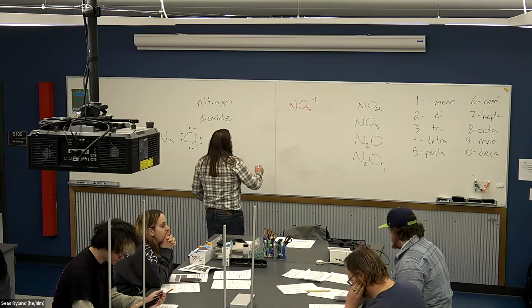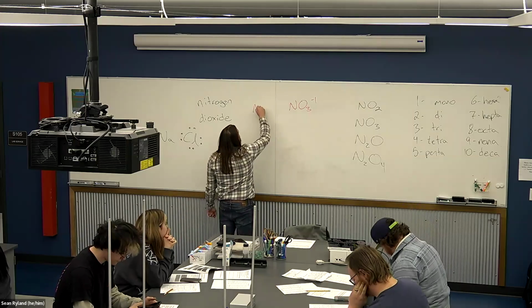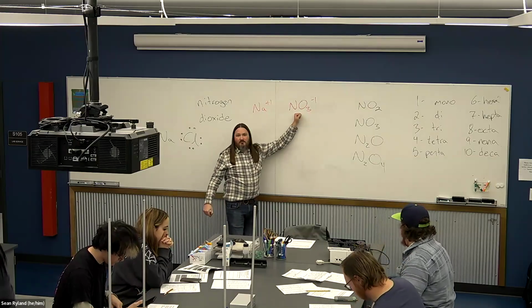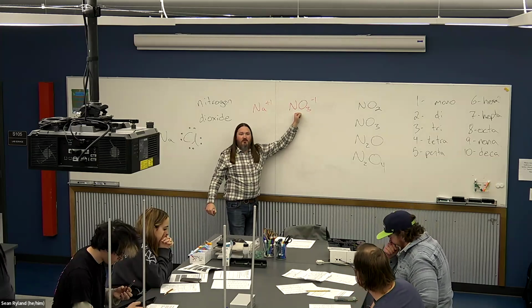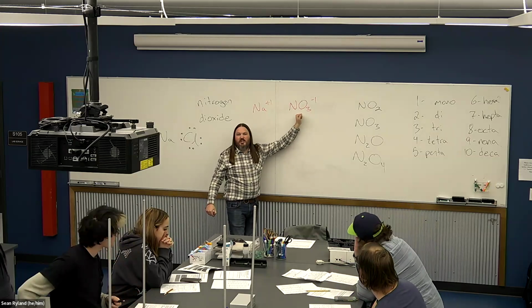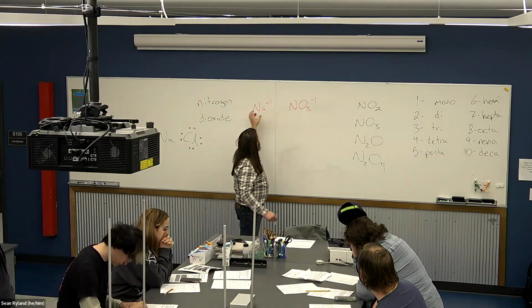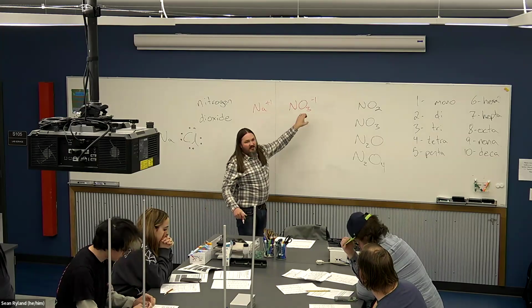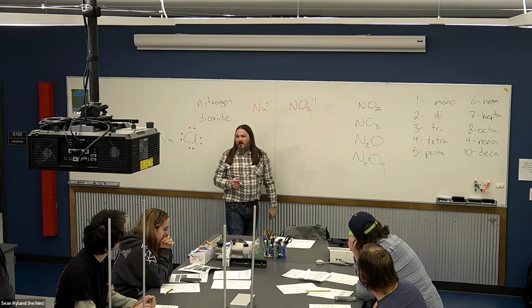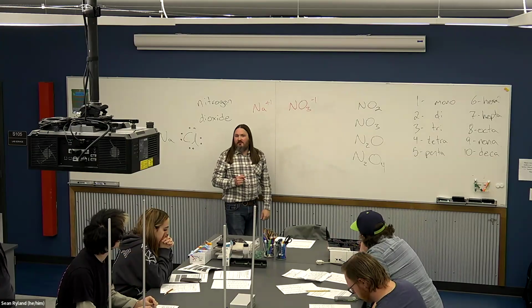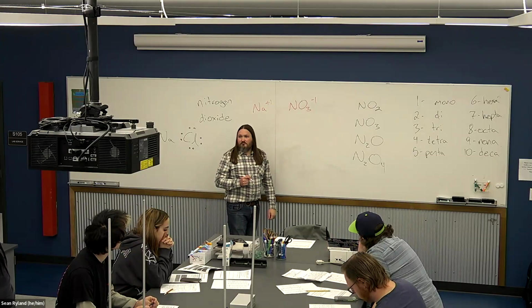So if I had something like Na+1 and nitrate with a -1, I can still write what the formula is going to be. Our rules don't change for ionic compounds. I want to take as many cations and as many anions as I need to add up to 0. So if it's a +1 and a -1, that's easy, right? Need one of each of them.